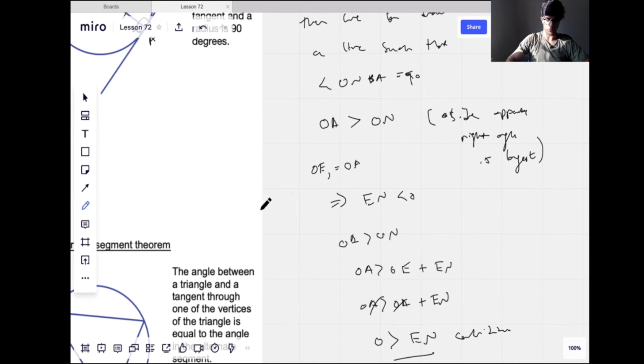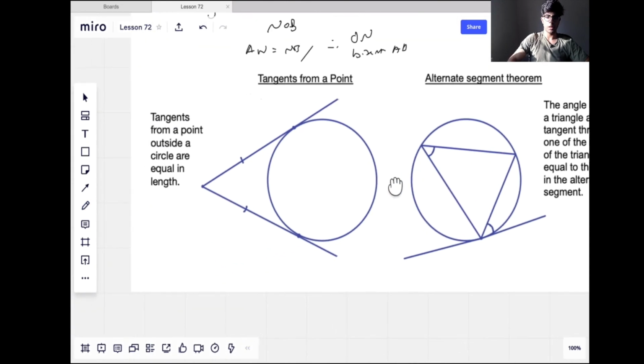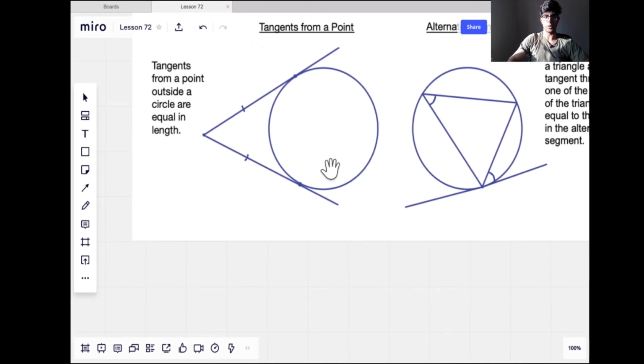So therefore the original assumption must be true. There we go. We have another proof to show that the tangents from a point outside the circle are equal in length.